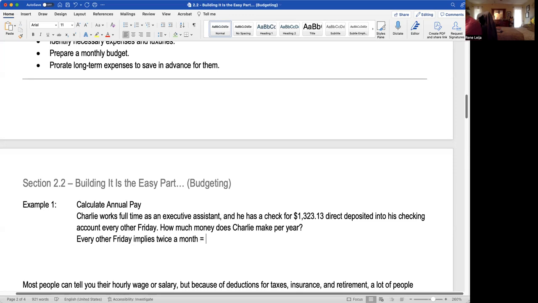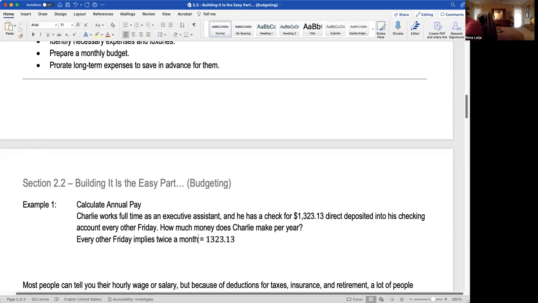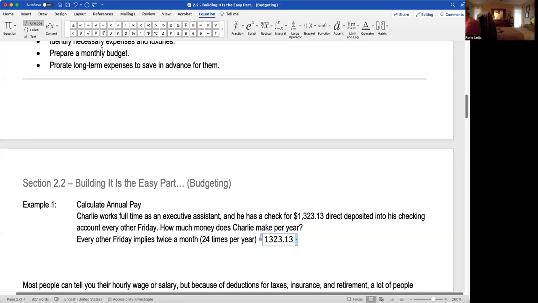All right, so if I do that, then we're going to take the 1323.13 and we're going to multiply this by 24, because it implies twice a month, which means 24 times per year.